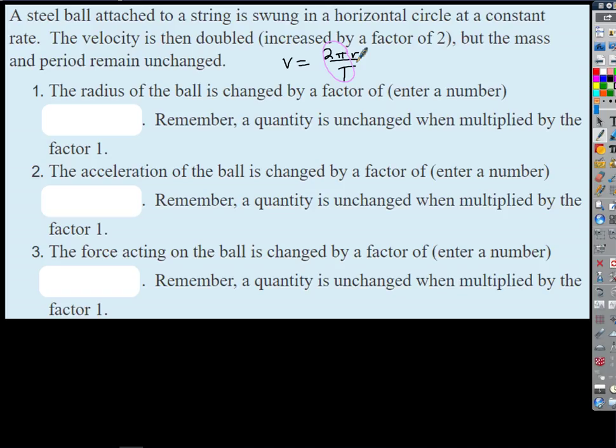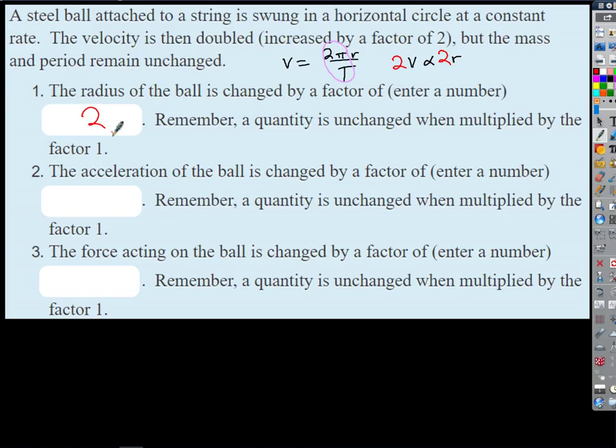So let's get rid of all the stuff that's constant and just write this as v is proportional to r. If I multiply v by 2, what has to happen to r? It has to be multiplied by 2, doesn't it? Make sense? So the answer to this first part is 2.